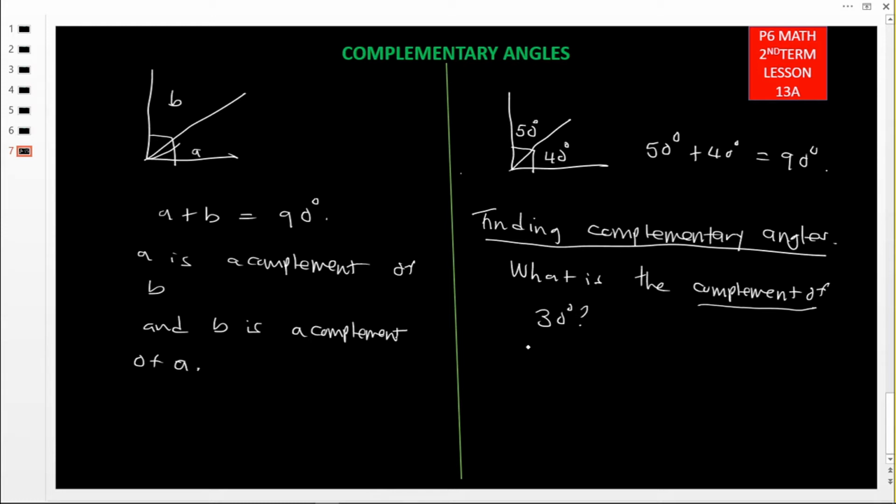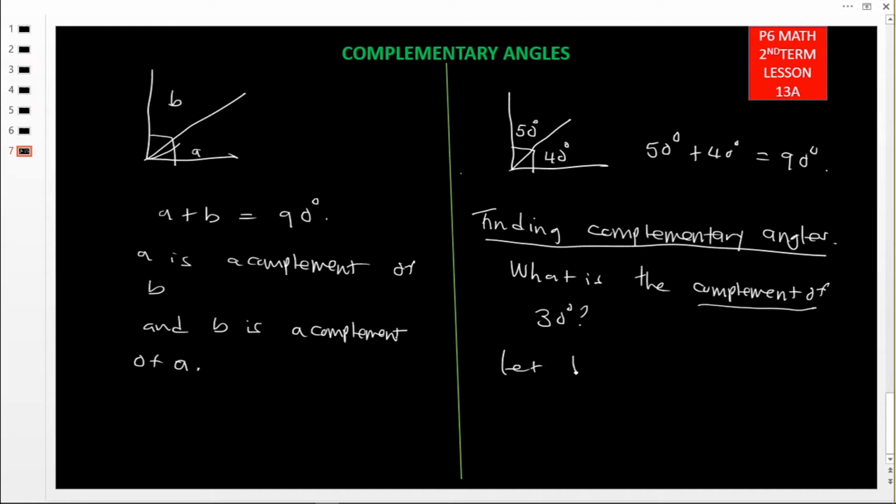We can do it by counting from 30, 40, 50, 60, 70, 80, 90, and it is 60, but mathematically we have to show how we obtained that 60.